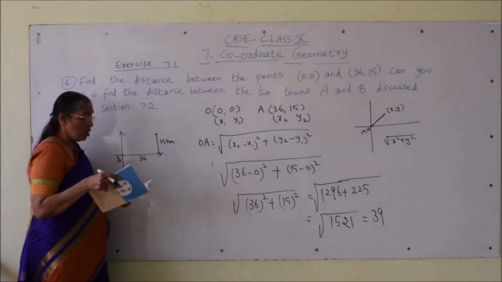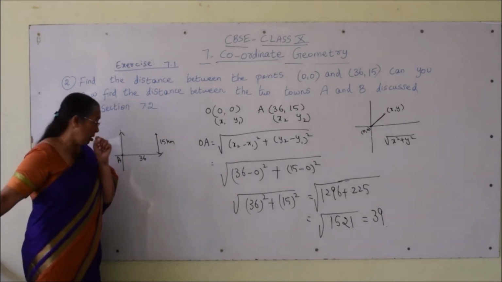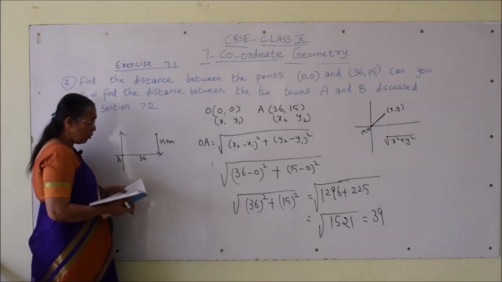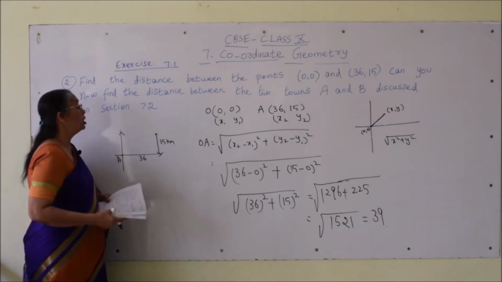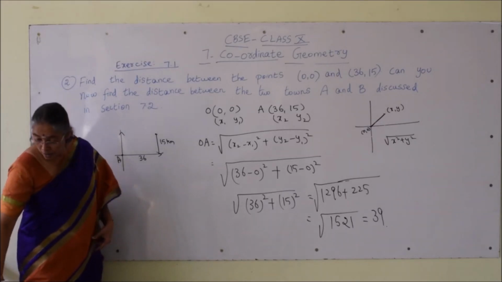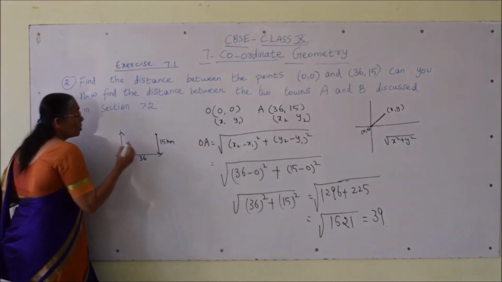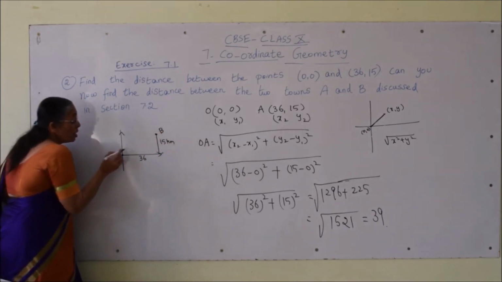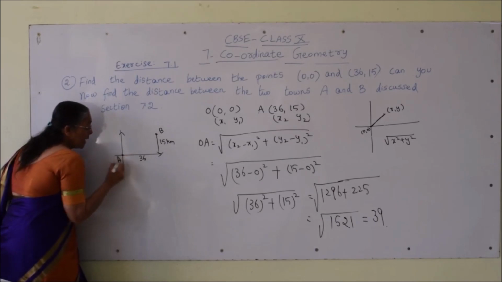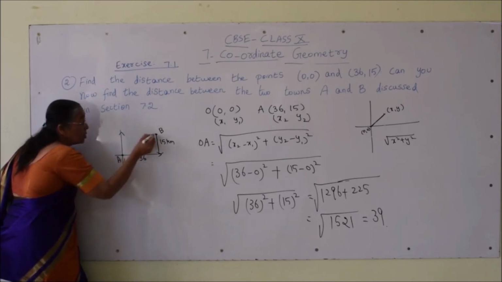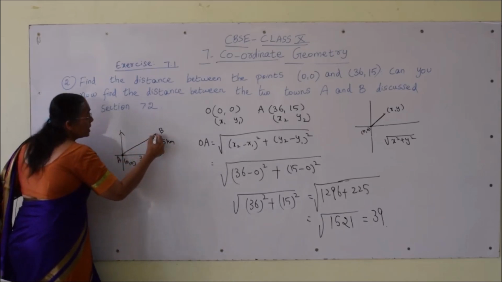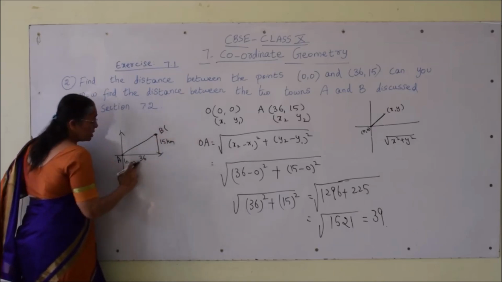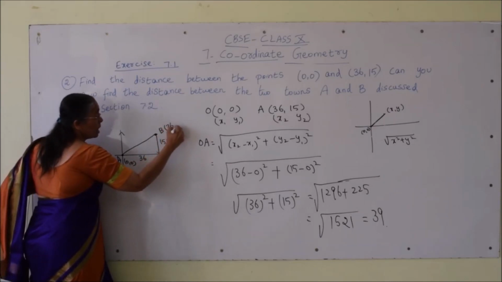And the question is, what is the distance between the towns? How would you find the distance from the town A to the town B? Here B is there. If I consider this town A as (0, 0), then this will become the x axis, this will become the y axis, and the B town coordinates will be (36, 15).